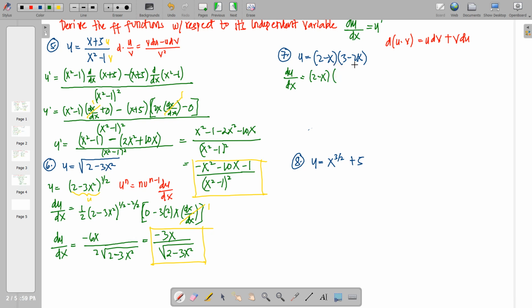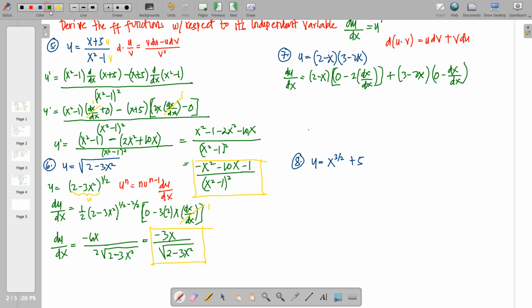So perhaps we can derive it right away. Derivation of 3 is 0 minus 2x, copy constant, derive x, that is dx over dx. Okay, and then plus v, copy v, 3 minus 2x, derive this first term, 0 minus dx over dx.